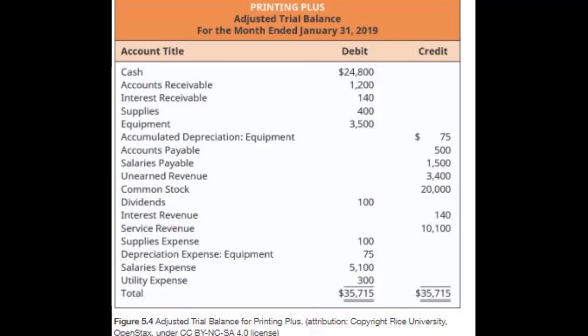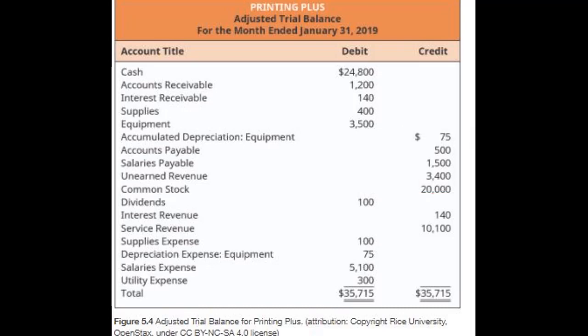Put another way, first 5 rows, all debits, 24,800 through 3,500. Next 5 rows, all credits, accumulated depreciation equipment, $75 through common stock, $20,000.